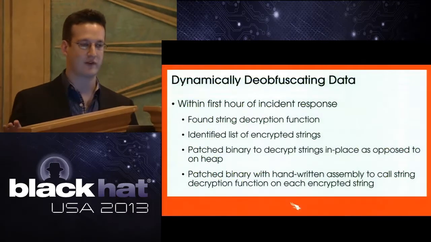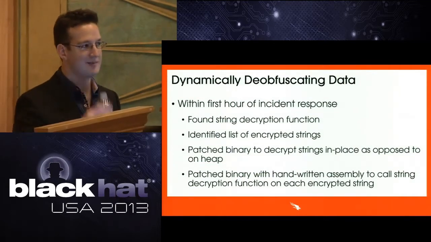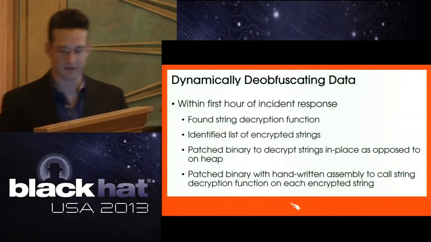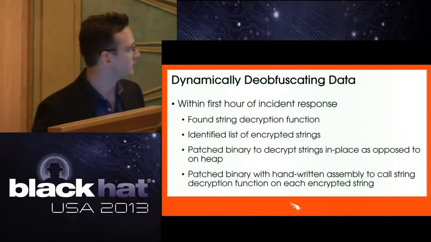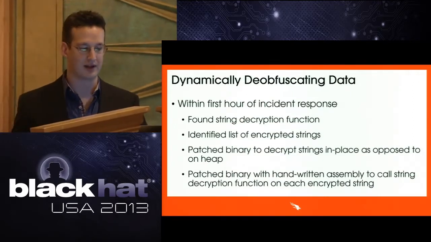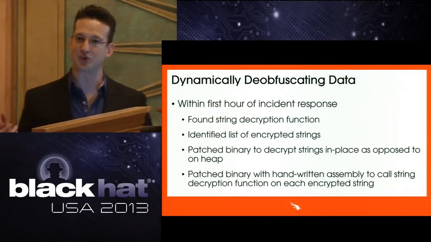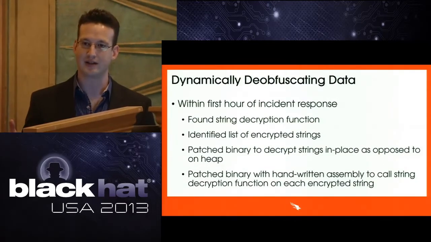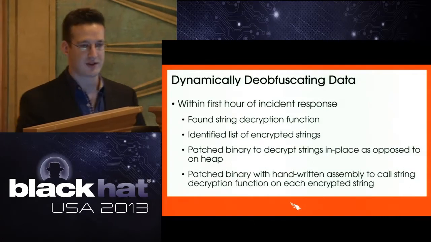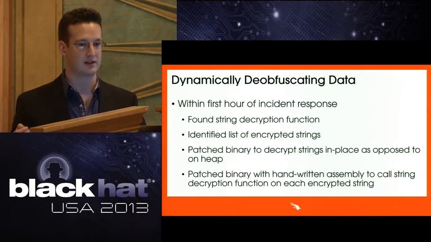Now, those of you familiar with incident response know that when dealing with incidents, time is of the essence. So, within the first hour, we managed to find that decryption function for the strings, identify the list of all the encrypted strings, and patch the binary such that the strings were decrypted in place rather than on the heap, and patched the binary with some handwritten assembly to call this string decryption function on every encrypted string in the sample.